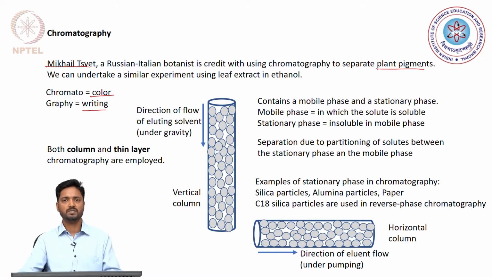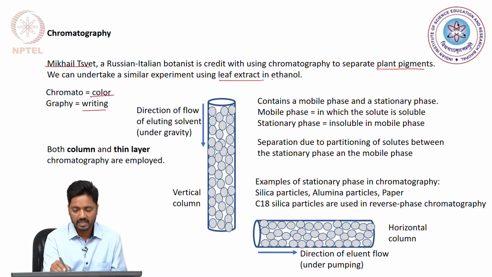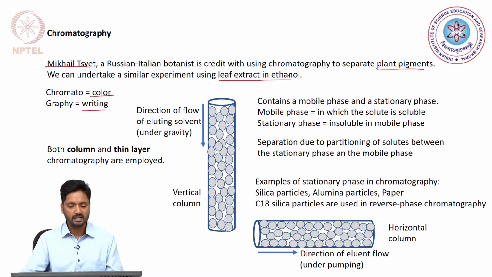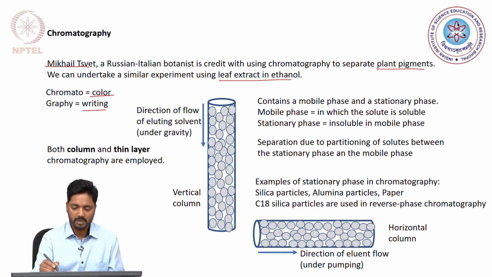And in fact, this is one of the very common chromatographic techniques that are demonstrated in undergraduate laboratories, where we take leaf extract in ethanol and then undertake its chromatographic separation on something like filter paper.